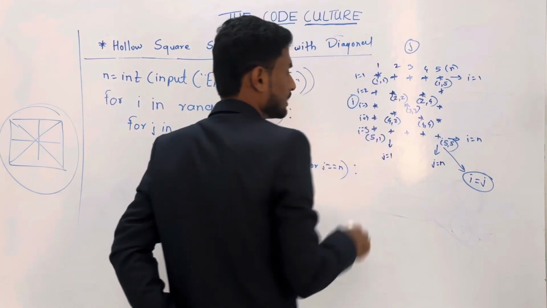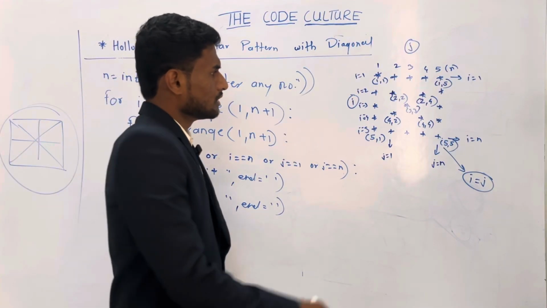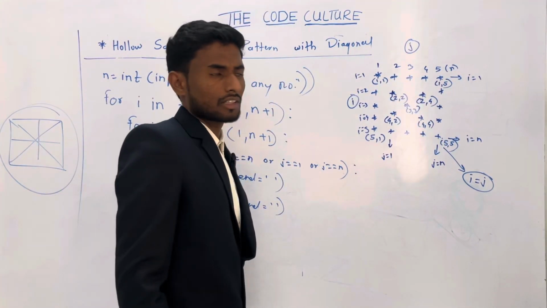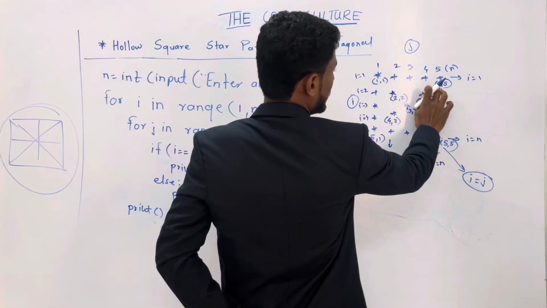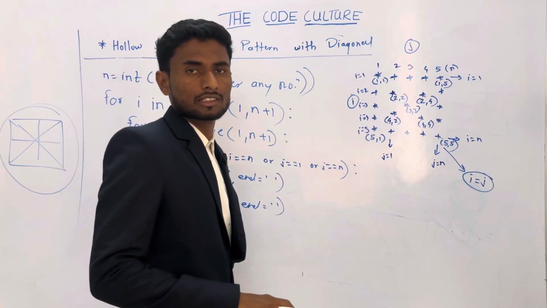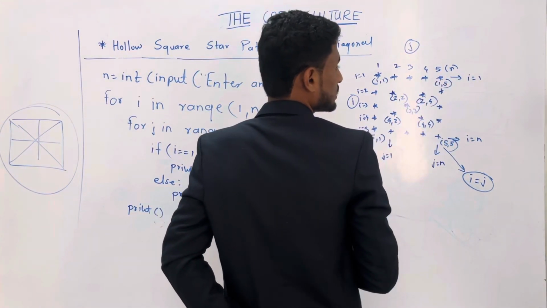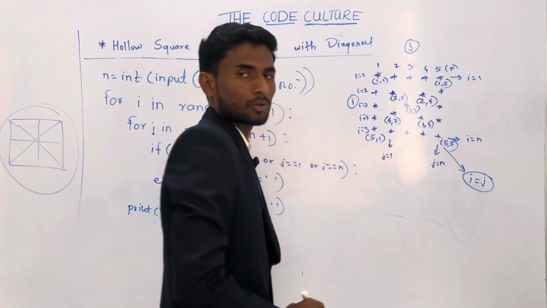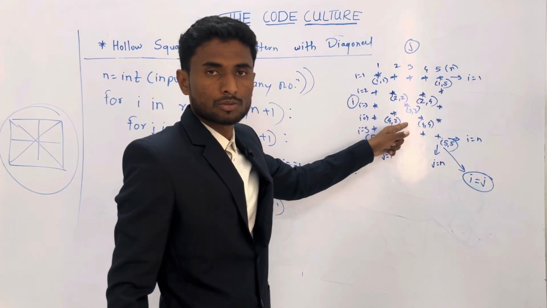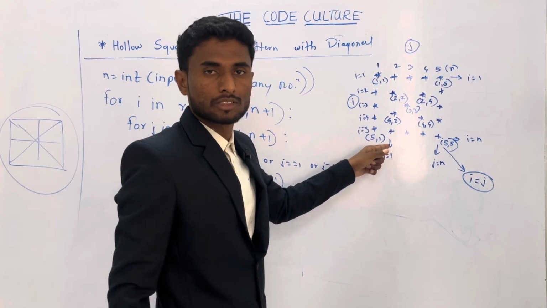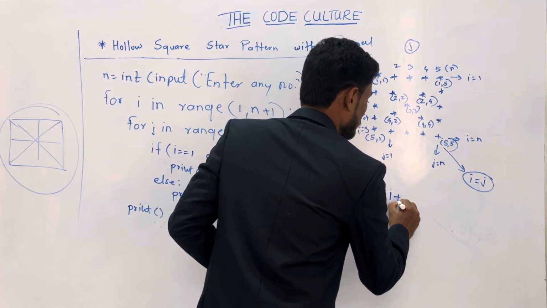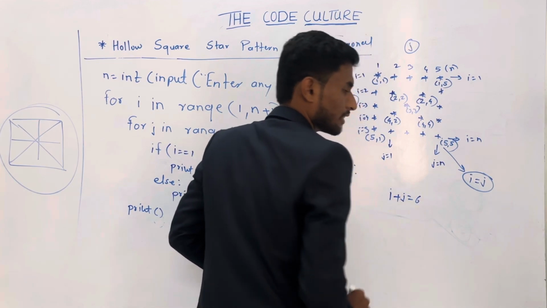Just look at the coordinates of each star carefully. What we can judge is the addition of i and j: 1 plus 5 is 6, 2 plus 4 is 6, 3 plus 3 is 6, 4 plus 2 is 6, 5 plus 1 is also 6. So we can write this as i plus j equals 6.